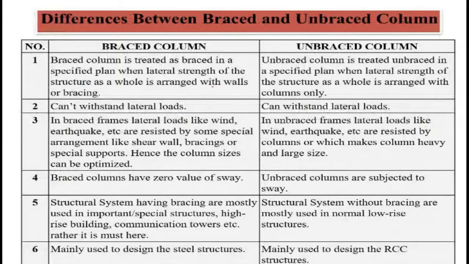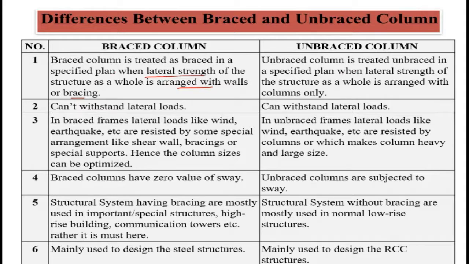Okay, mari kita tengok differences between braced and unbraced column. So braced column, dia ulang balik tadi je. Braced column is treated as braced in a specific plane when lateral strength of the structure as a whole is arranged with wall or bracing. Ingat tadi paksi Y, daripada paksi Y kita ada shear wall or kita ada bracing, untuk make the column become more stable.